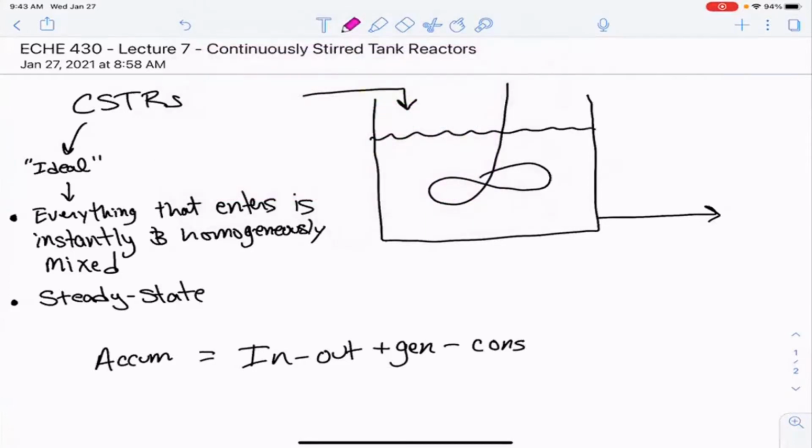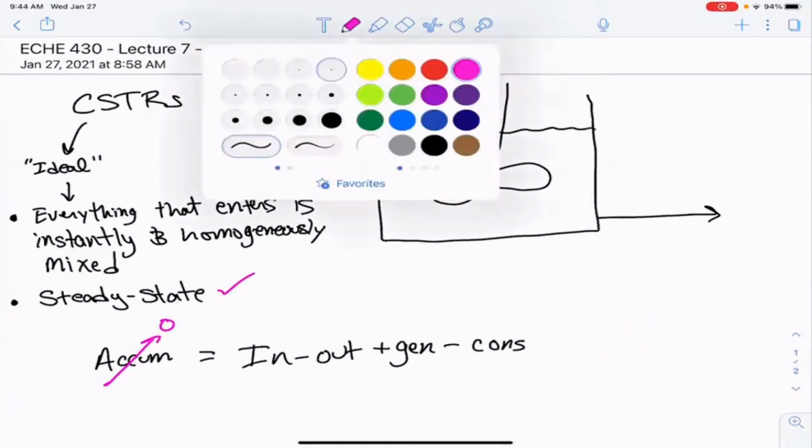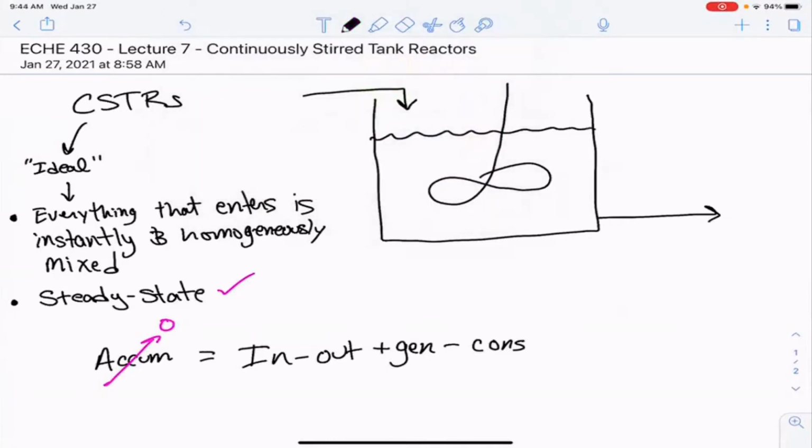And one of our assumptions comes into play immediately, and that's the steady state assumption. So the steady state assumption says, well, there can't be any accumulation, because that is like dN_i/dt, and any time derivatives at steady state are equal to 0, right?